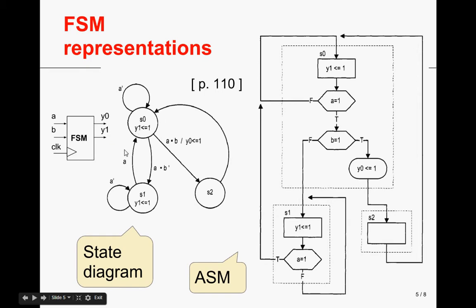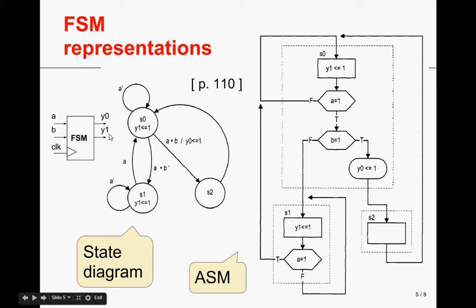And what this state diagram tells us is that we start by state S0, and when we are in state S0, output Y1 takes the value of 1. And the same happens in state S1. And since nothing is said, then in state S2, Y1 will be 0.